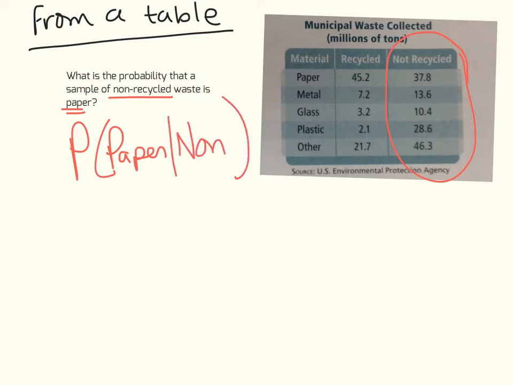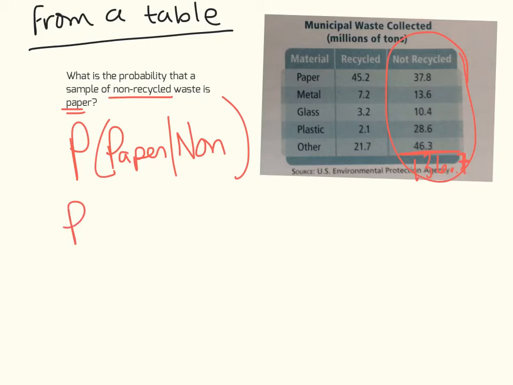Okay, so we don't want to use the formula in this situation when we have a table. What we want to do is figure out, what's the total amount of not recycled waste? If we add up this column, there's 136.7 tons of non-recycled waste.